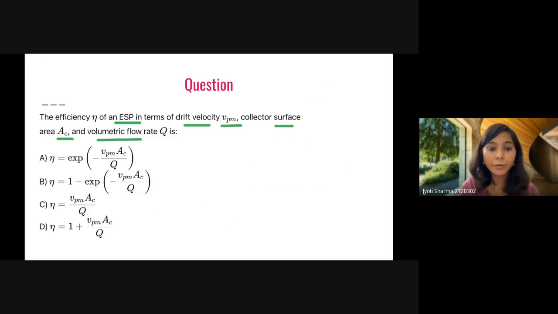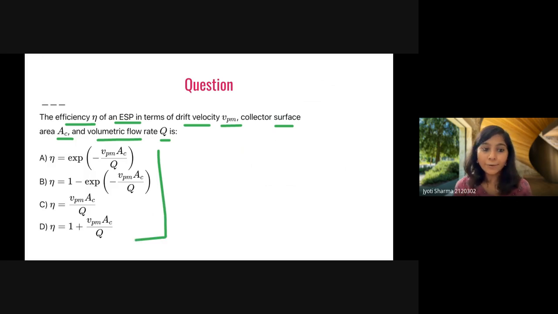So this will be the flow rate. Based on these terms, can we define the efficiency of ESP? We have four options. Can you tell me the right option for calculation of efficiency of ESP?